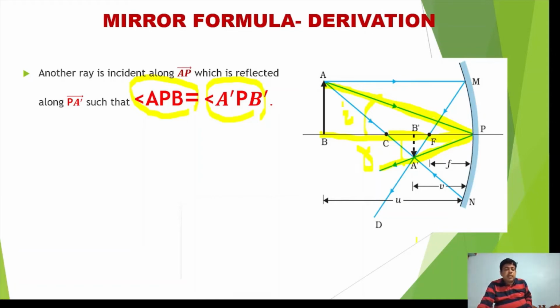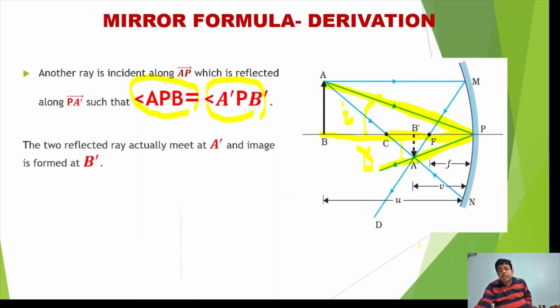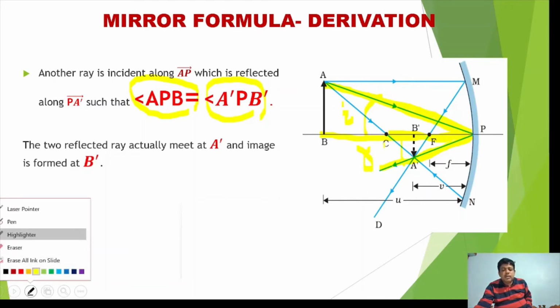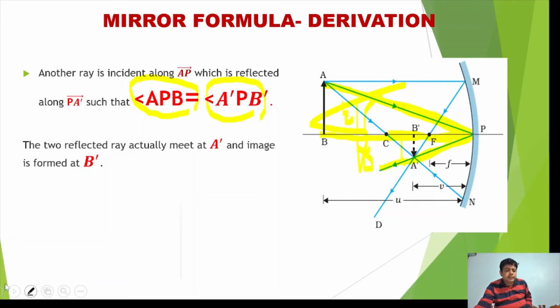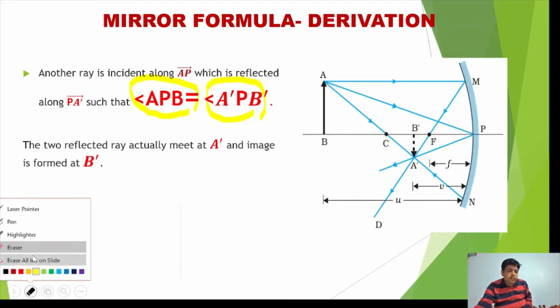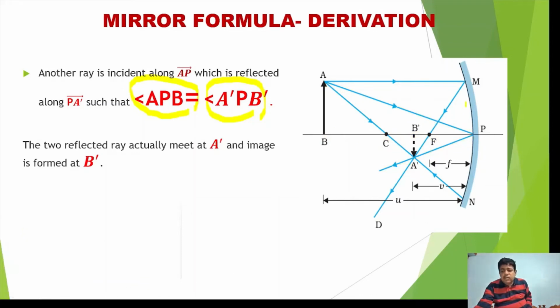You see now, the two reflected rays actually meet at the point A dash. Where do the two reflected rays meet? Look here.